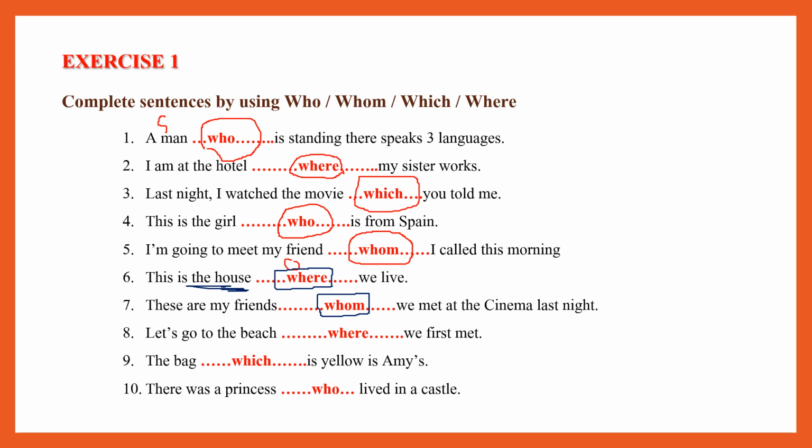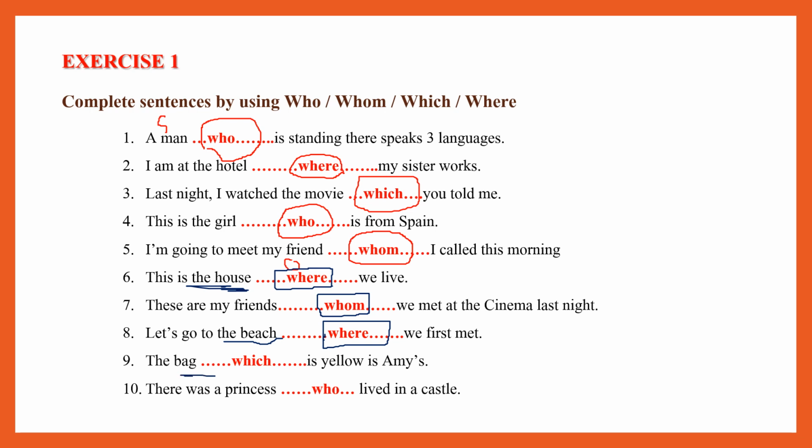Number 8. Let's go to the beach where we first met. The beach is a place, so we pick where. Number 9. The bag which is yellow is Emmy's.